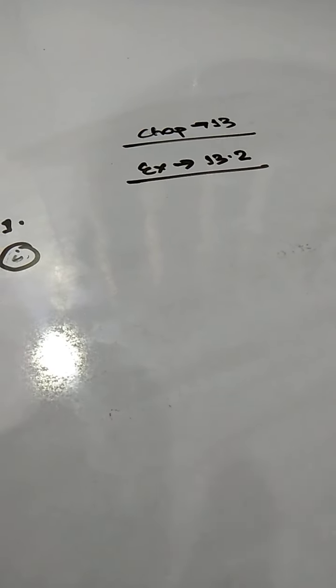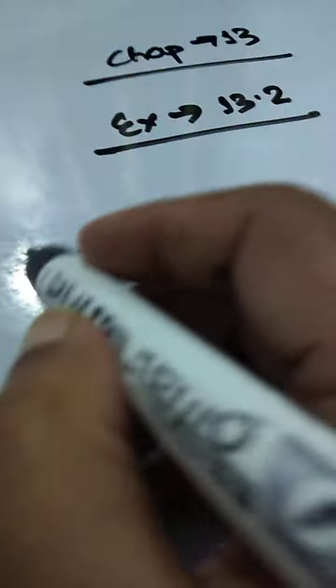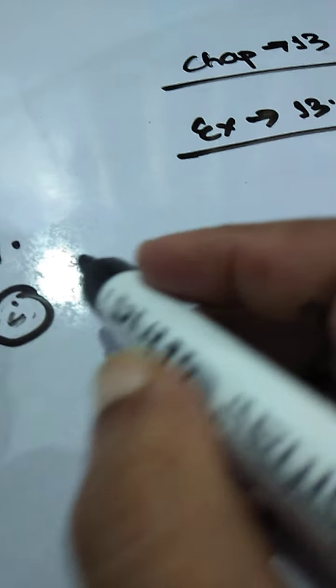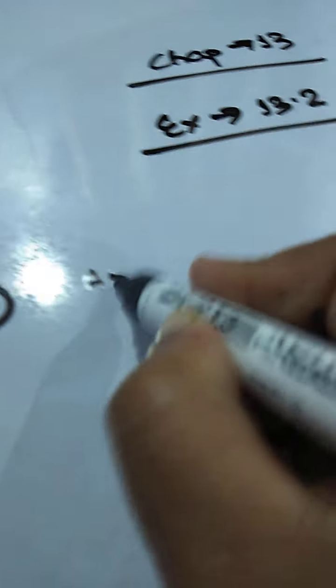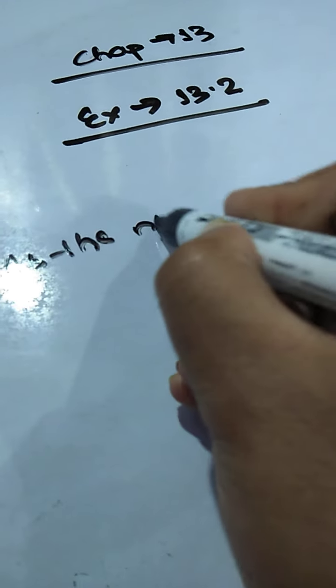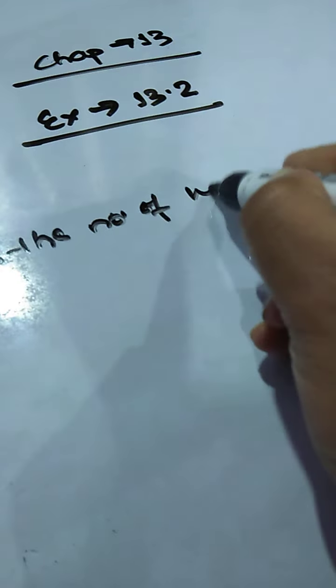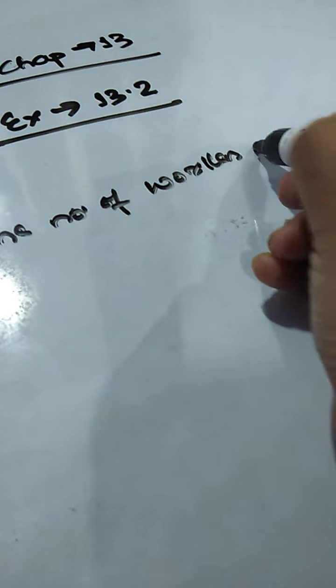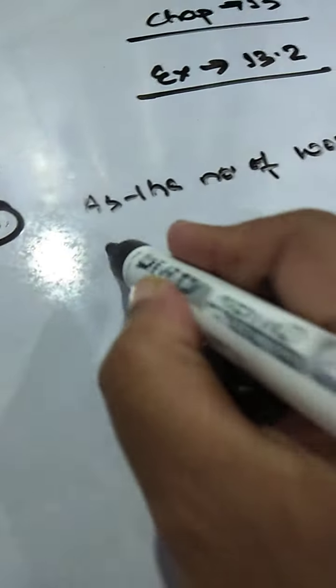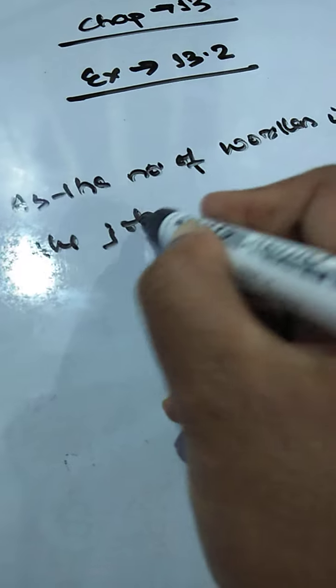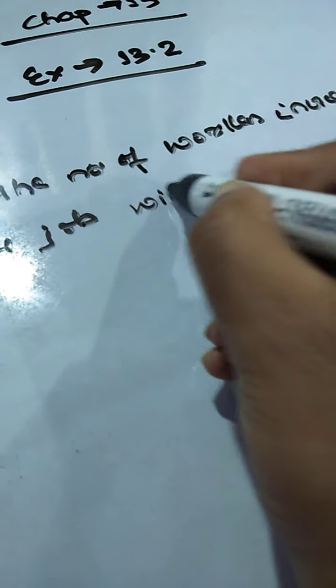So what you have to write, let me give you a sentence. I'm just showing the first one, why it is inversely proportional: as the number of workers increases, the job, or any work, will take less time to complete.